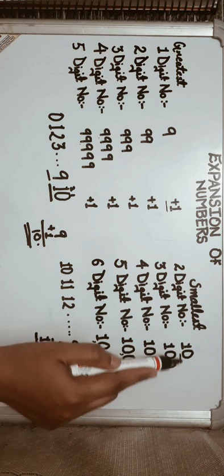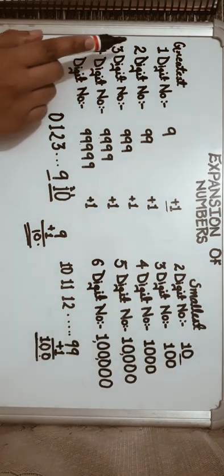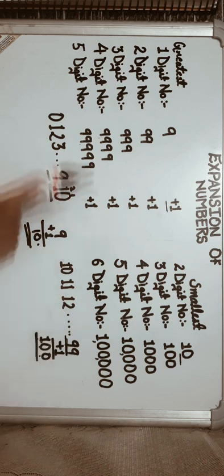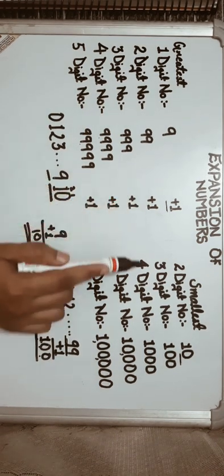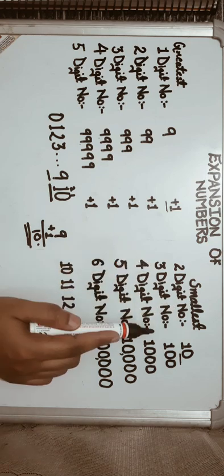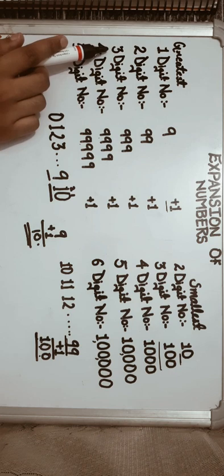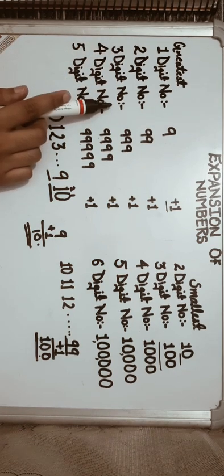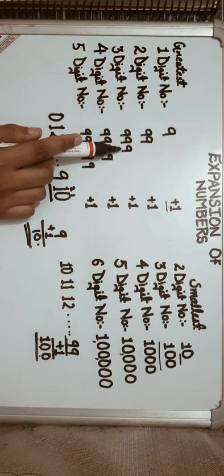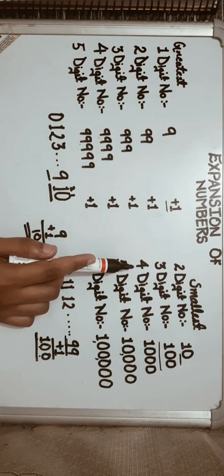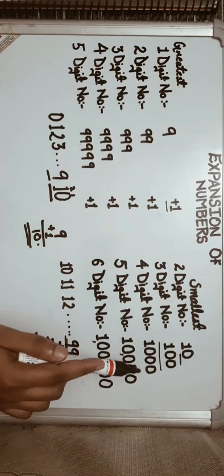and that is 10. Similarly, the greatest 2 digit number is at the rightmost side of the 2 digit numbers. Now if we add 1 to it, we get our smallest 3 digit number, that is 100. Similarly, the greatest 3 digit number is 999, and if we add 1 to it, we will get a 4 digit number, which is 1,000.